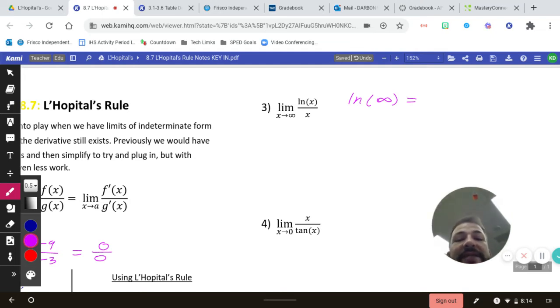So we would say that's equal to infinity. And x is just infinity on the bottom. So it's an infinitely big number on top being divided by an infinitely big number on the bottom. So it's infinity over infinity. So we write by L'Hopital's.